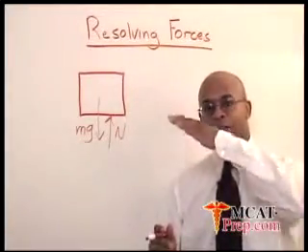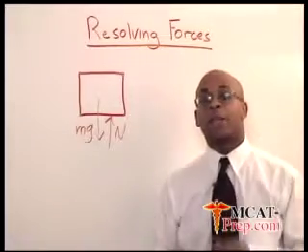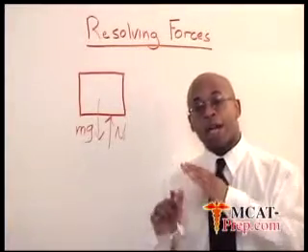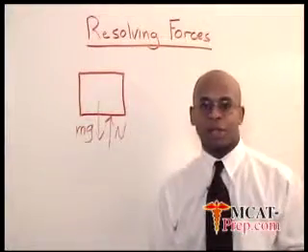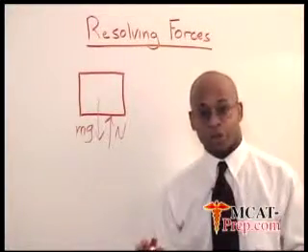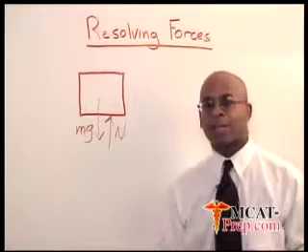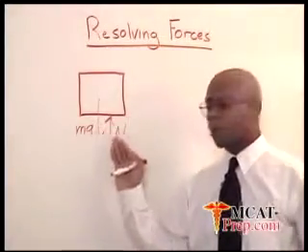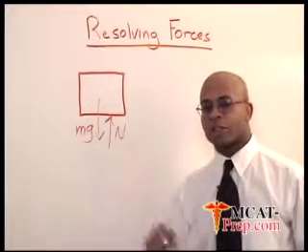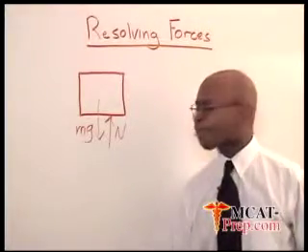But if it happens to be on an incline, we'll see later that the force normal has to be perpendicular to the incline, perpendicular to whatever surface that the mass is sitting on. So here we have our weight downwards, our force normal upwards, which is our counteractive force.